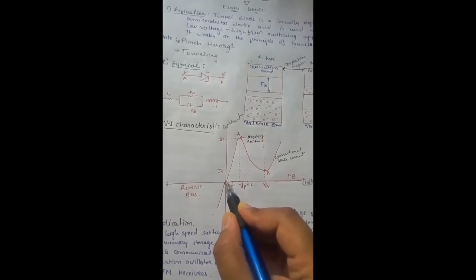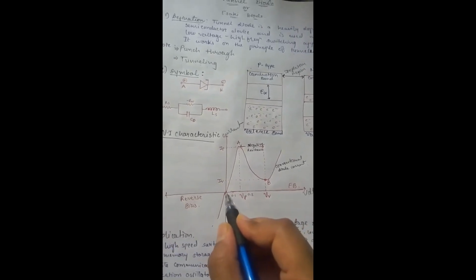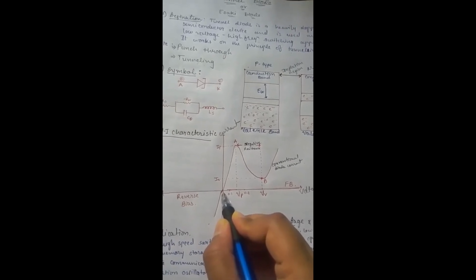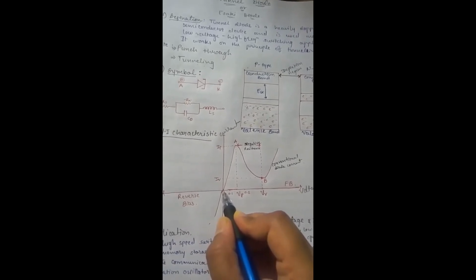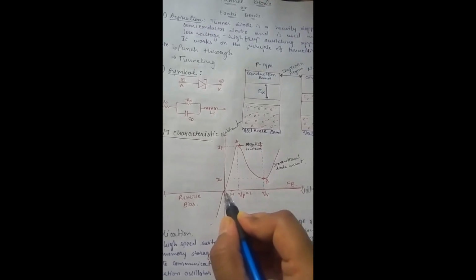Okay, let me tell you first, this is the forward bias part and this is the reverse bias part. How? When you apply a source to the diode, the source will always give a positive cycle first, which means a positive voltage.